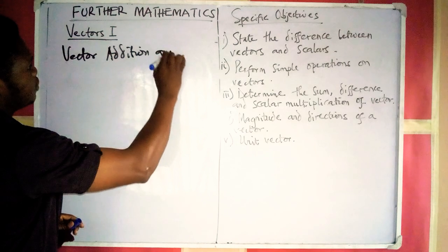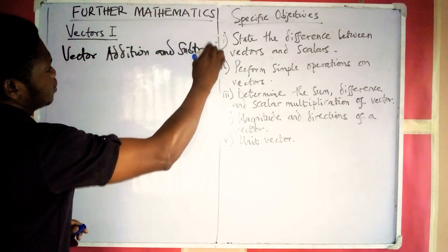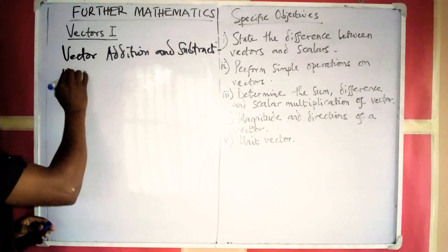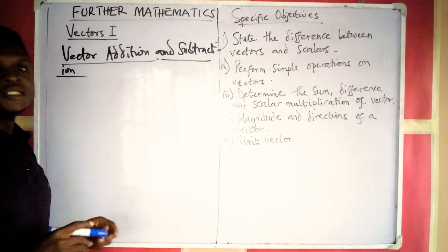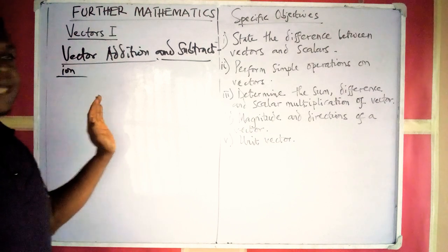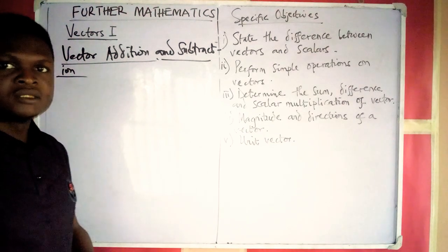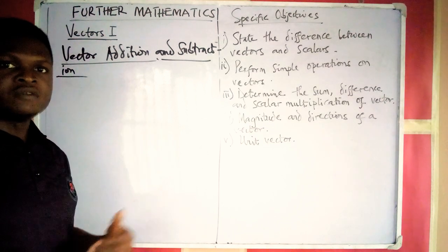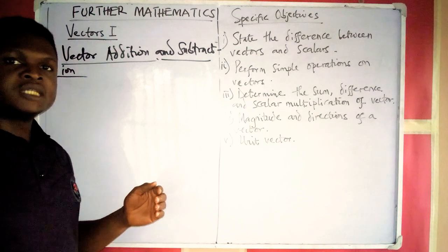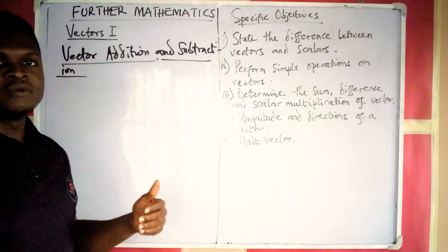Vector addition and subtraction is the same thing as saying sum and difference. I said addition or subtraction of two vectors gives a resultant vector. And in doing this, we have two ways of doing that. Those two ways are the triangle law of vector and the parallelogram law of vector.